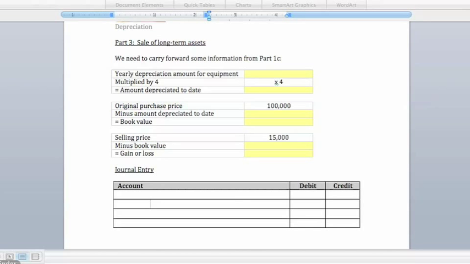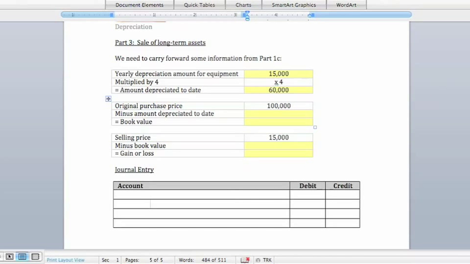And so what we need to do is know, first off, how much has been depreciated to date. Now from part 1C, we know that our straight line depreciation has us calculating depreciation expense at a rate of $15,000 per year. And so at the end of 4 years, we're going to have depreciated a total of $60,000.